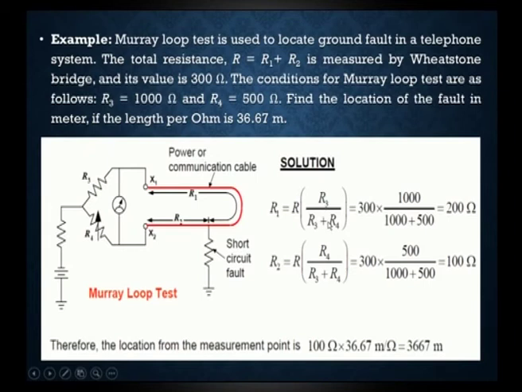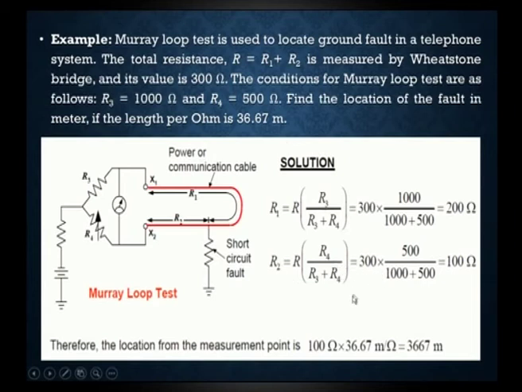Substituting R as 300, R3 as 1000, R3 again 1000 and R4 as 500, we get R1 as 200 ohm. Similarly, we get R2 by this formula after substituting the values given in the example.